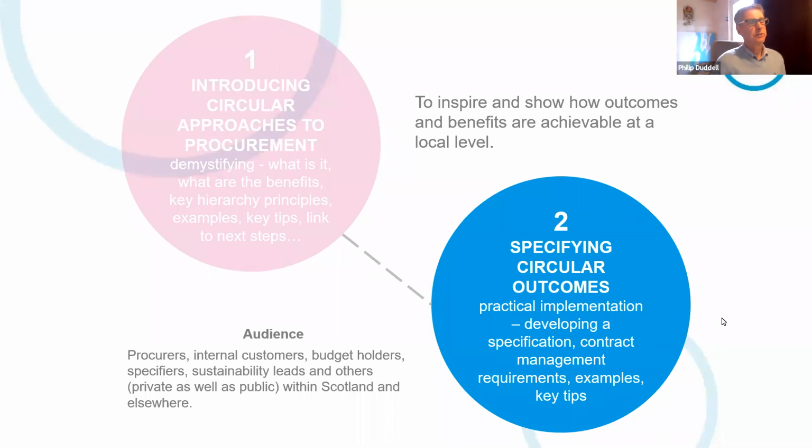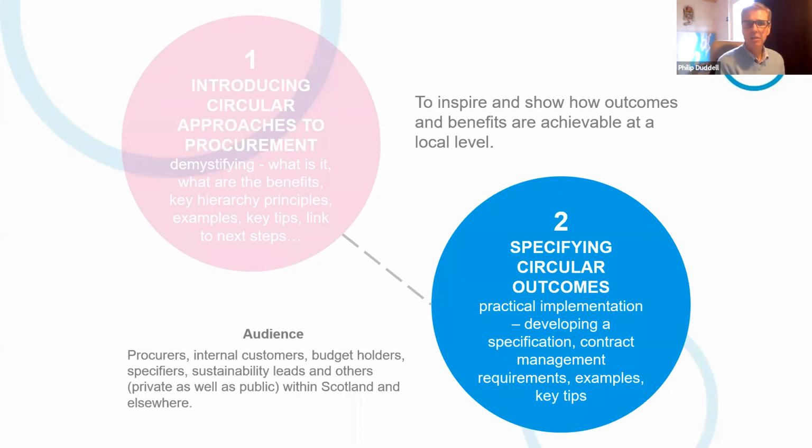Okay, so that's reinforced there. And yesterday we had a bit of a discussion and a poll about stakeholders and who's important in this process or the consideration of a circular approach to procurement. And again, we're reinforcing the point that it's not just those of you who are involved in actually undertaking the procurement process.